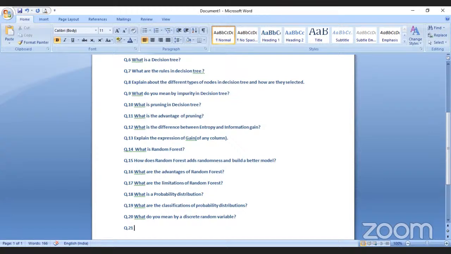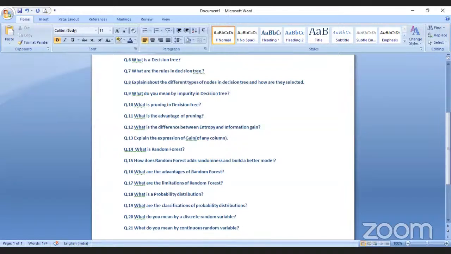After that, what do you mean by continuous random variable? A continuous random variable is a random variable with a set of possible values.